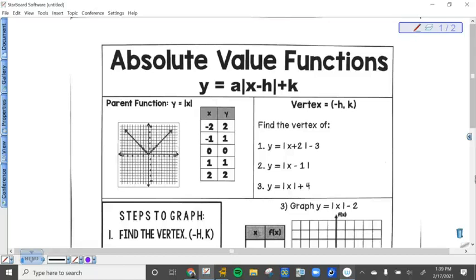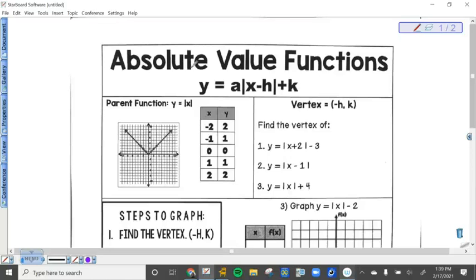X and y stay the same. The number negative h and the number k tell us where our vertex is, where the two lines collide. So we're going to practice first finding the vertex from different equations.